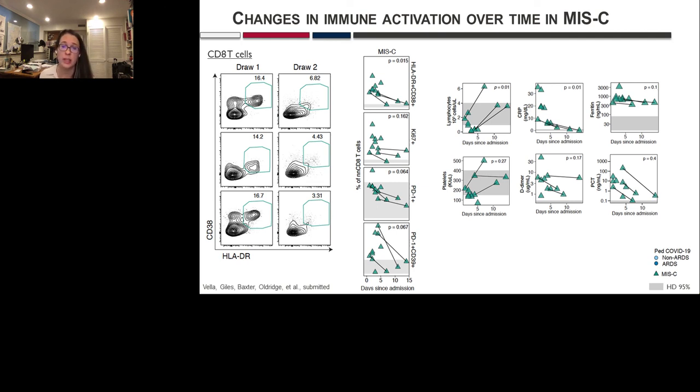We can also look at these various measures of inflammation. And the take-home message here is that while many of the kids do not necessarily reach the healthy donor range, you are starting to see a decrease in this global inflammation that we see.